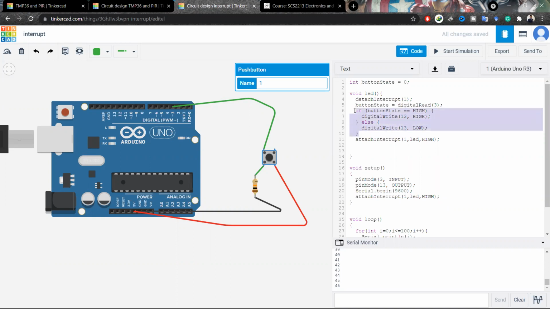So this is the piece of behavior I need, right? After that, I should again attach my interrupt, right? First, at the very beginning, I pull out the interrupt, then I do my work, then I attach my interrupt. If you don't need that, by doing this you are basically lowering your sensitivity.